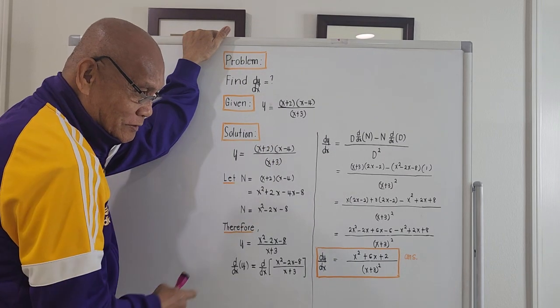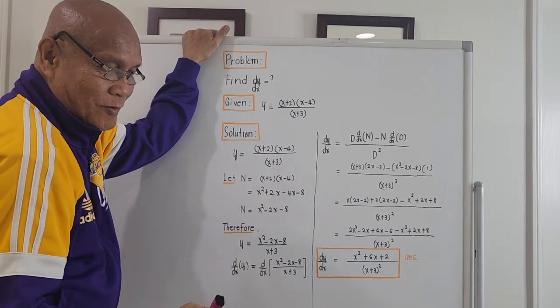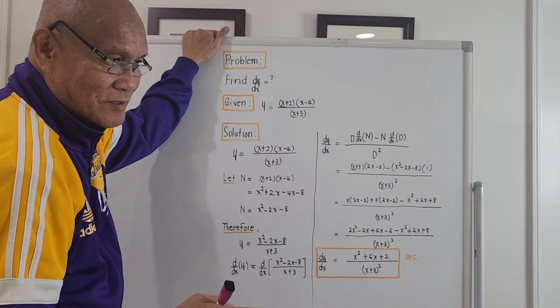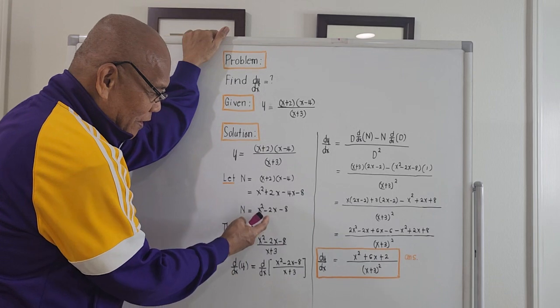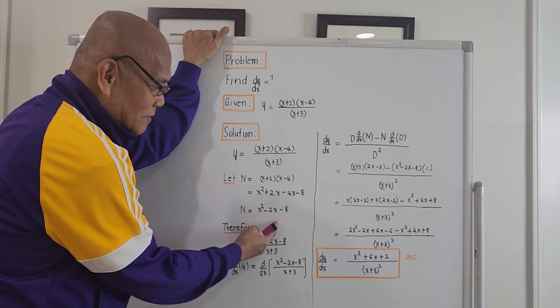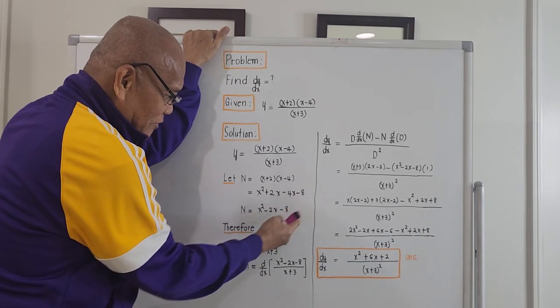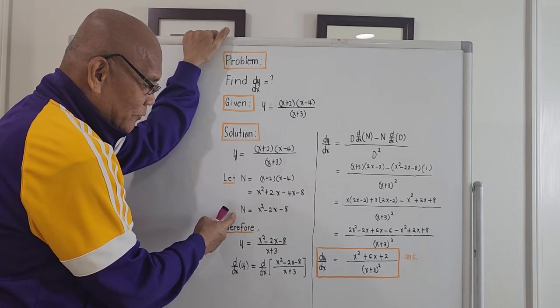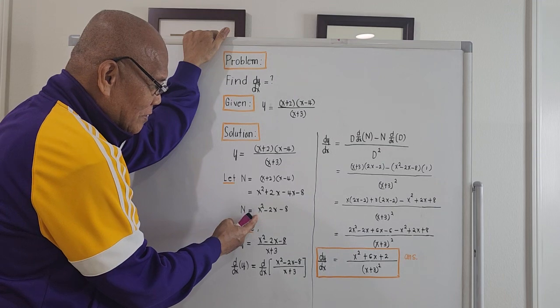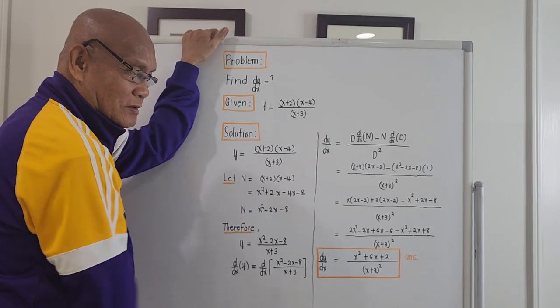We combine similar terms. Combining similar terms is a fundamental operation. 2x minus 4x will be negative 2x, minus 8. So the expanded form of the numerator is actually x squared minus 2x minus 8.